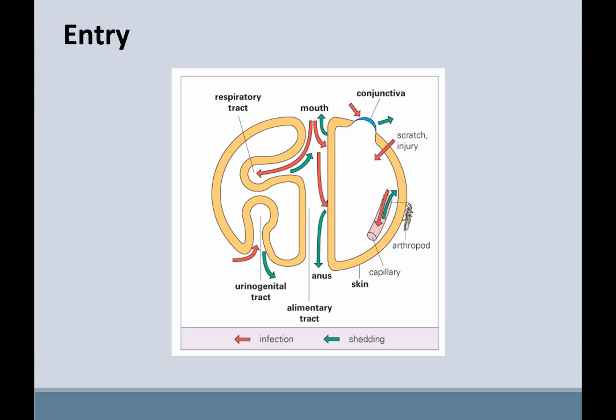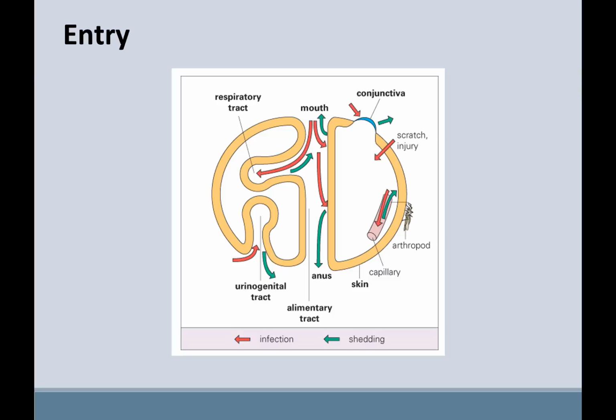Okay, so the pathogen must get in to the host. We don't actually have a lot of pathogens that affect our skin, and we're going to talk about that in a minute because our skin is such a great defense mechanism unless it's broken or weakened.